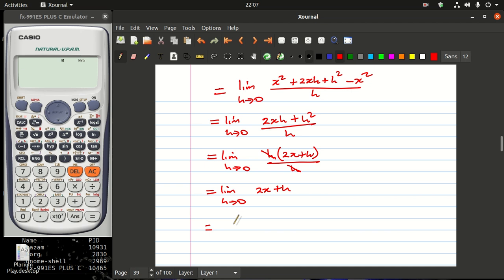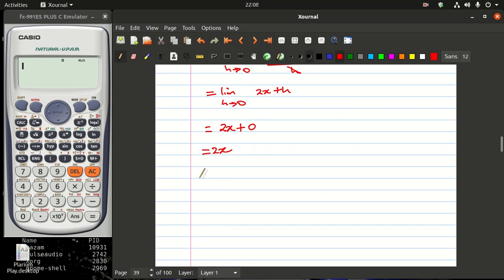So we can actually plug in, and we say that we have 2x plus, there is no h here, so we are only plugging in the value of h, which is plus 0, which is just equal to 2x. What this actually means is that f prime of x is just equal to 2x. In other words, the slope of the tangent line touching the curve f at x is just 2x.